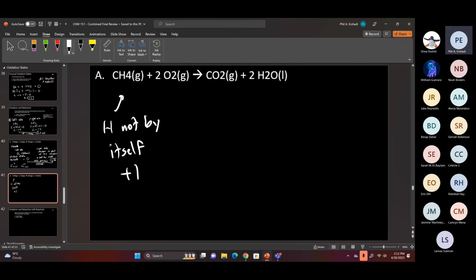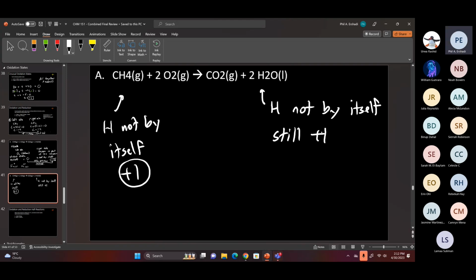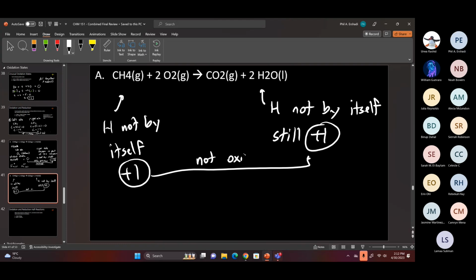Again, except for a couple of edge cases, but again, not for this class. But do you see on the other side, it's still not by itself. And so it is still +1. So if you start at +1, but you stay at +1, you are not oxidized or reduced. All right.